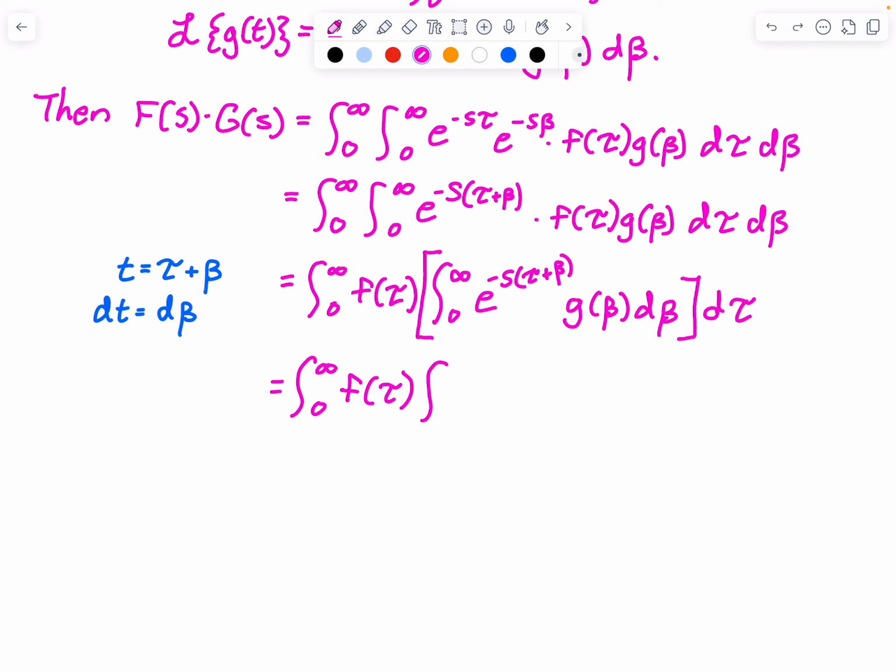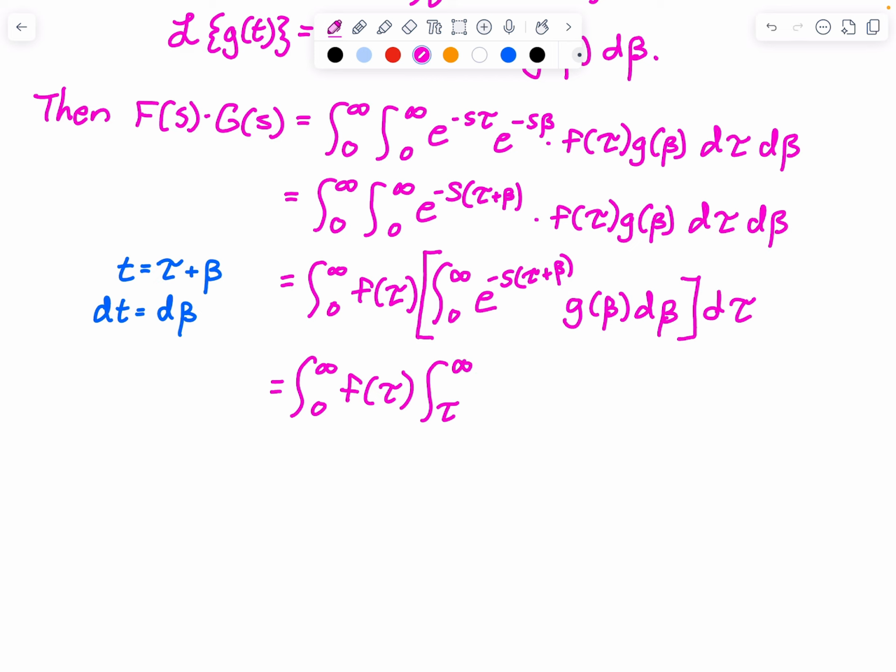So if beta is 0, then because we're going to little t, t will be tau. So beta was 0, and we're going to little t. So I'd put beta right there, and tau plus 0 is tau.